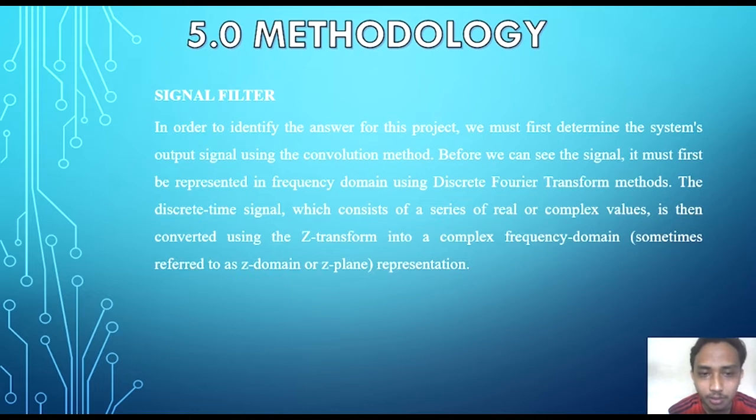The discrete time signal, which consists of a series of real or complex values, is then converted using the Z transform into a complex frequency domain, sometimes referred to as Z domain or Z plane representation.